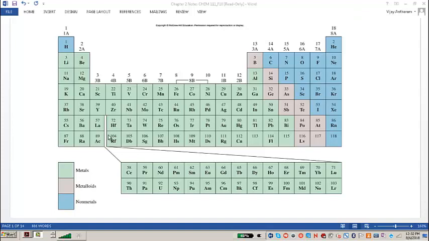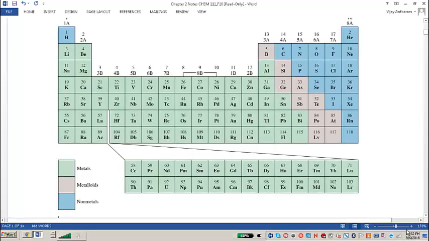Another thing that I want to mention in the periodic table, again, we're glossing over this. We'll go over this in tremendous depth later on in the course, but it's good to get to know some of this now. Let's focus on one of these elements here in the periodic table. First of all, these are elements, but what you see here are their abbreviations. I know some of these by heart, not all of them.